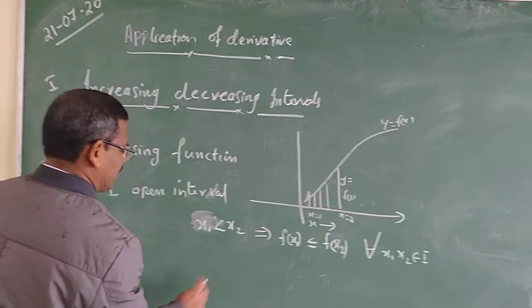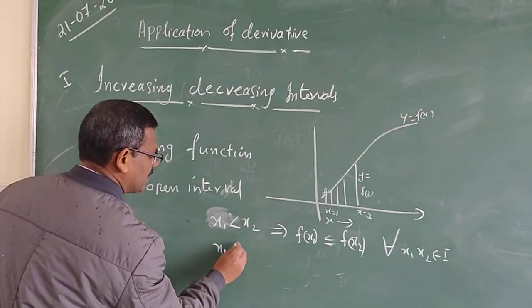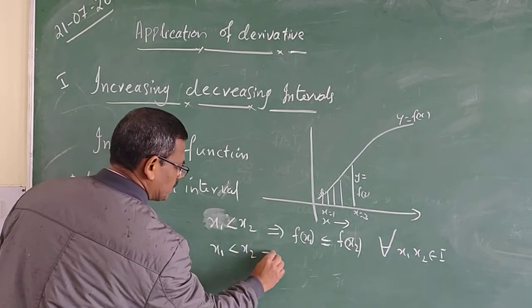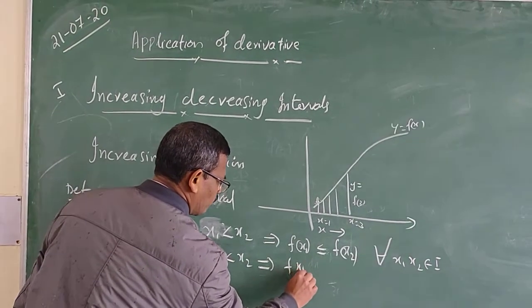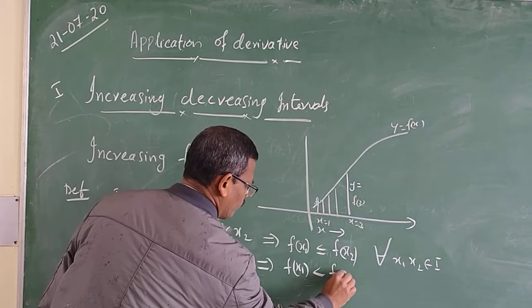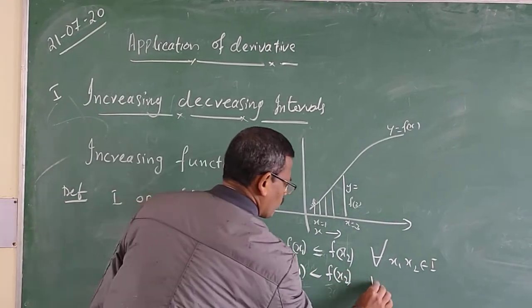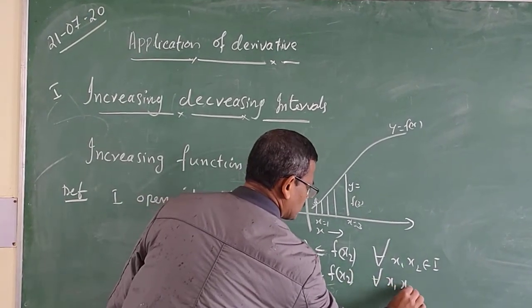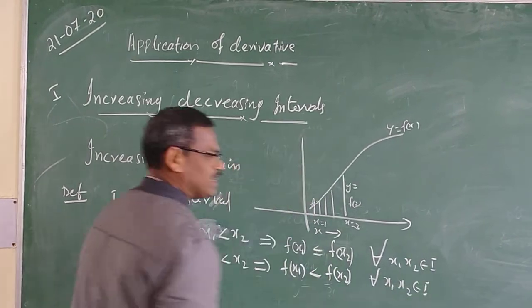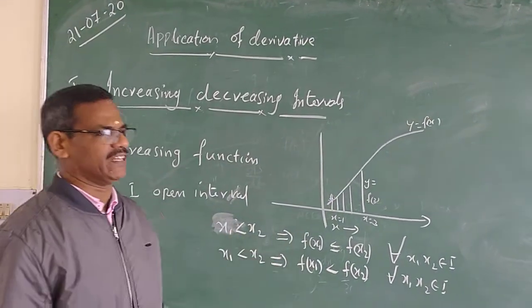Now, if x1 less than x2 implies that f of x1 is less than f of x2 for all x1, x2 belonging to I, then we call it strictly increasing.